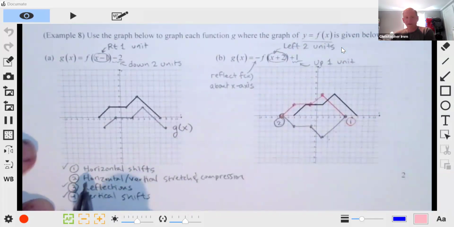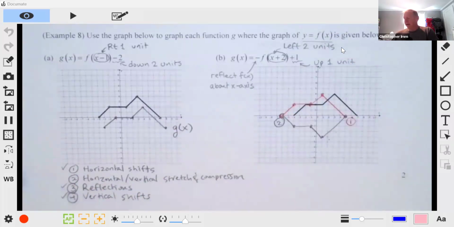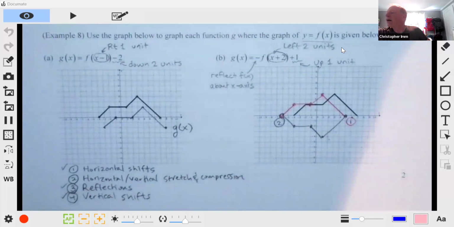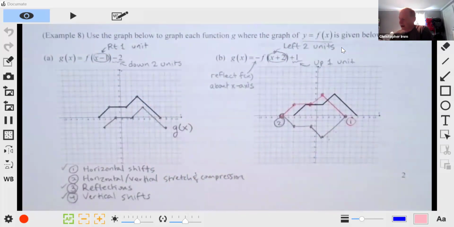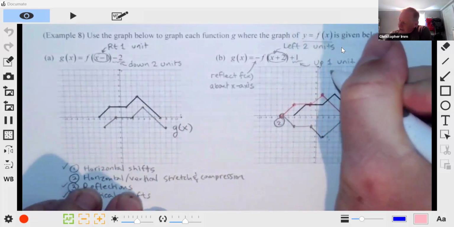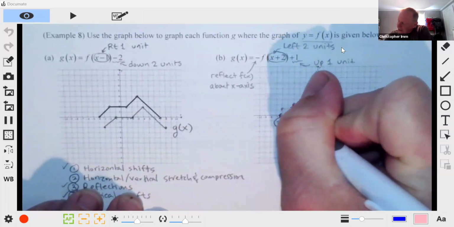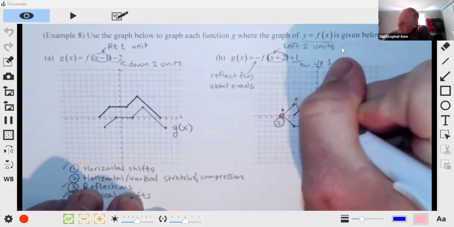So we've done the horizontal shift, left 2. We've done the reflection over the x-axis. And finally, we're going to move everything up 1 unit. All right, so what color do we have for that? Let's try green for the total graph. So I'm moving everything up 1 unit, up 1 unit, up 1 unit.